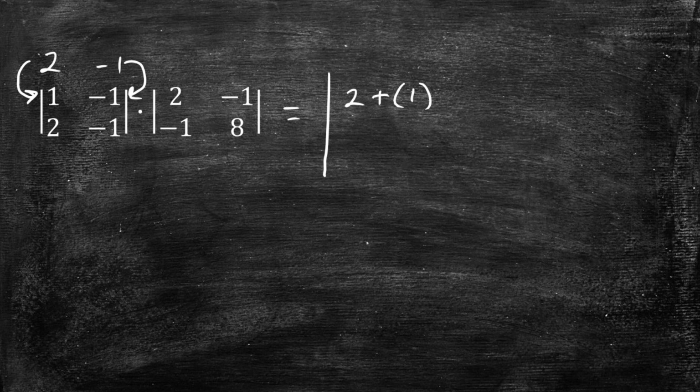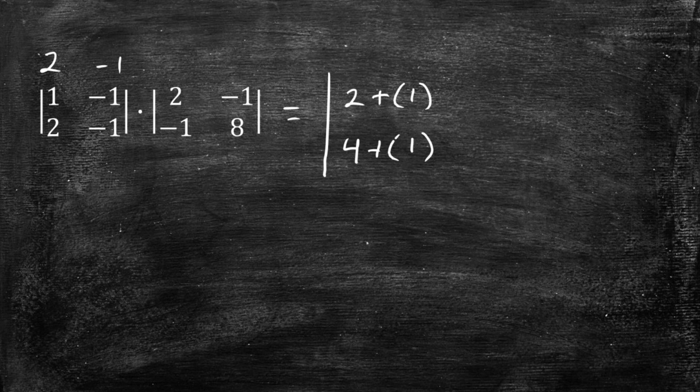And now you want to take those numbers again, the 2 and -1, and multiply those to the second row here, like that. And when we do that, we get 4 plus -1 times -1 is 1. All right, so those are going to be our first entries.